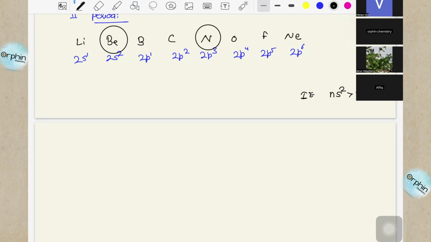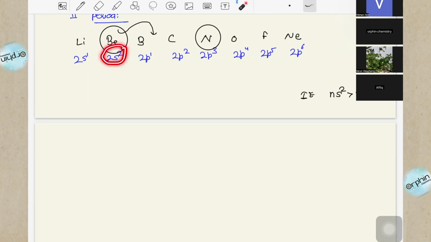Right? ns2 has more ionization energy than np1, meaning 2s2 has more than 2p1, 3s2 has more than 3p1, like that. So its ionization energy will be more than boron, but it won't be more than the other elements. We cannot say that the 2s2 configuration's ionization energy will be more than all. No, it will be more than just its next element.